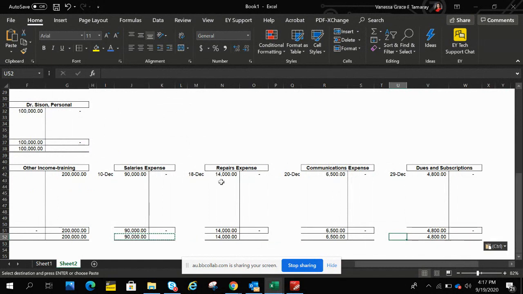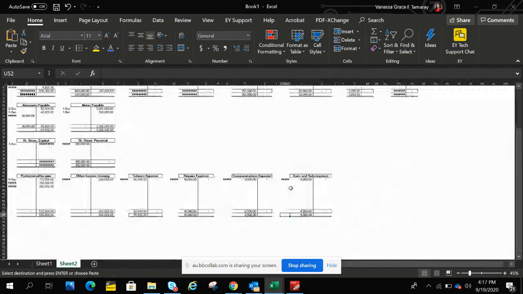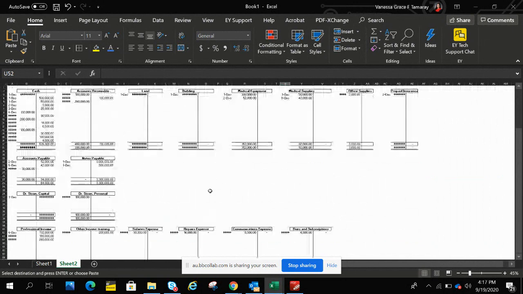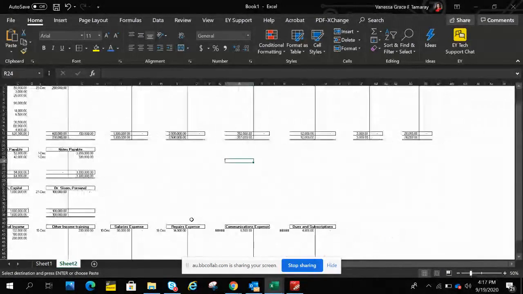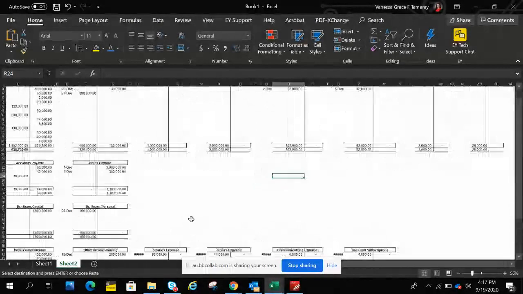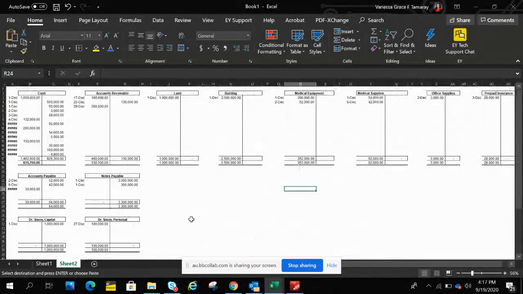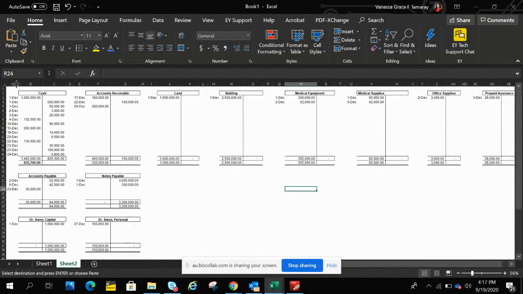Okay. So now we have ending balances sa ating accounts. Okay? So, meron na tayong ending balances sa cash, accounts receivable, land, building, medical equipment, and etc. Now, let's just prepare quickly our trial balance.